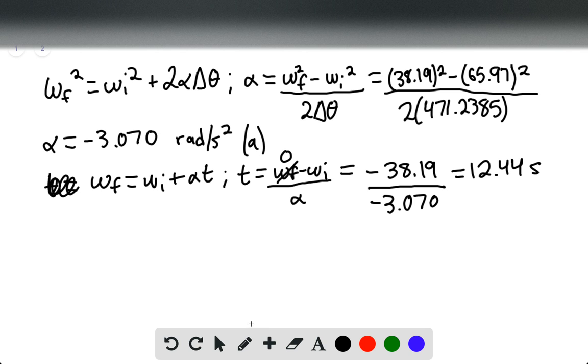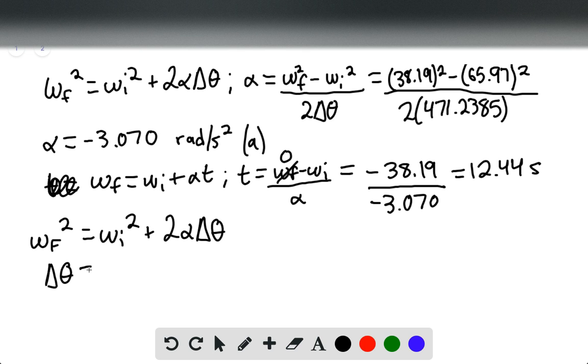So at this point, in order to find how far the car traveled, we're going to use angular kinematics and say that omega final squared equals omega initial squared plus 2 alpha delta theta, and we can solve for delta theta. So delta theta will equal omega final squared minus omega initial squared over 2 alpha, and we know that omega final is going to be 0.